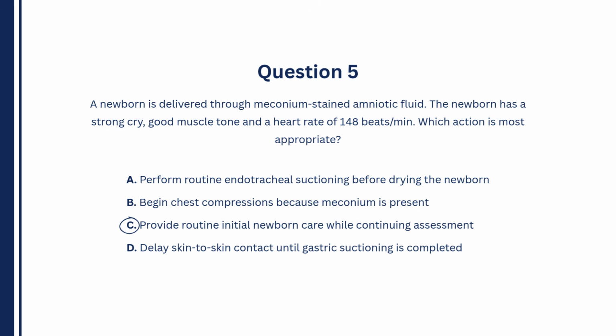It's C. Provide routine initial newborn care while continuing assessment. A vigorous newborn with meconium-stained fluid does not require routine intrapartum and endotracheal suctioning. Routine initial care includes maintaining warmth, drying, positioning the airway as needed, and ongoing evaluation.